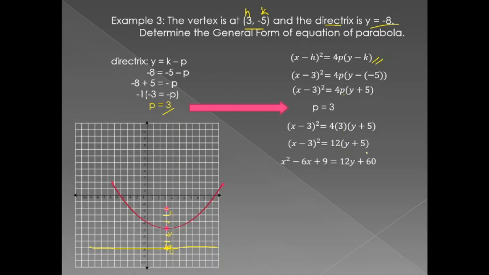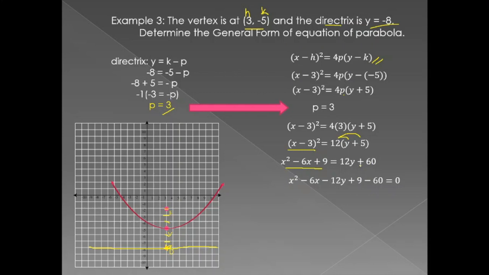So, para makuha ang general form, we need to solve this using FOIL method. So, kapag ginamitan siya ng FOIL method, ito yung kanyang magiging sagot. x squared minus 6x plus 9. And then, distribute mo si 12 kay y and positive 5. So, magiging 12y plus 60. And for the general form, kailangan naka-equate kay 0.